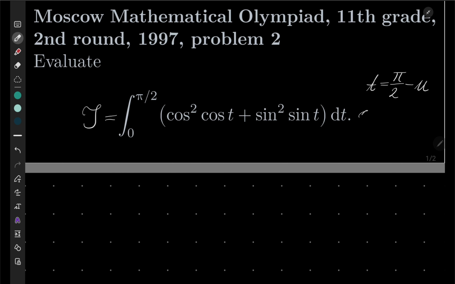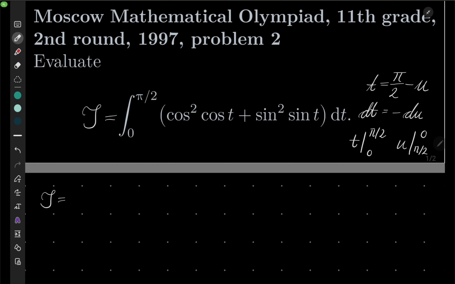Then dt equals minus du. What about the bounds of integration? Well, when t was from 0 to pi over 2, now if t equals 0, u equals pi over 2, and if t equals pi over 2, then u equals 0.